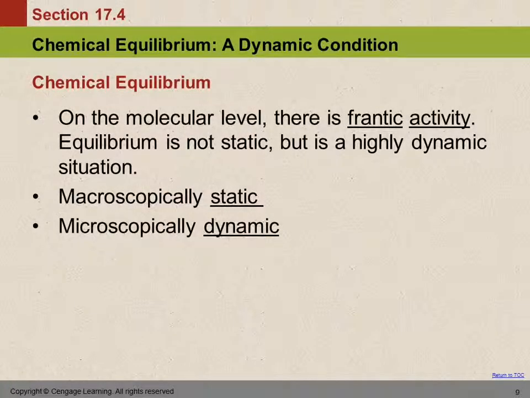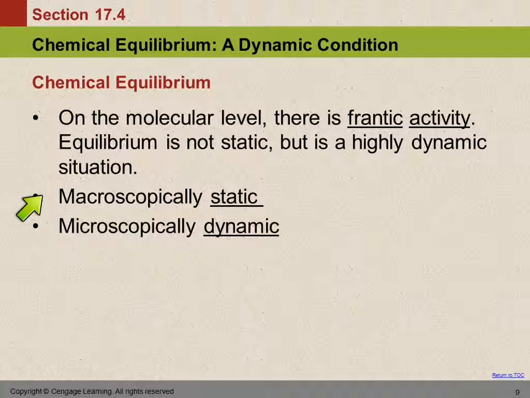So when we look at a chemical equilibrium, if we look on the molecular level, what are the molecules doing or what are the atoms doing? There is frantic activity. There is a lot going on, right? Equilibrium is not static. It's not frozen, right? But it's dynamic.